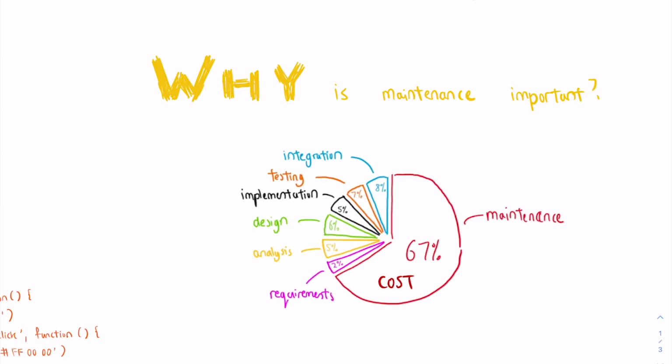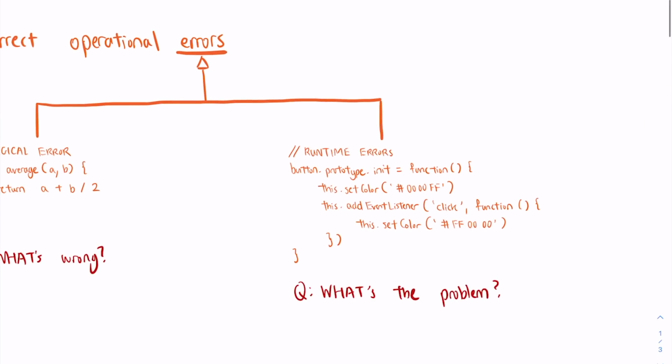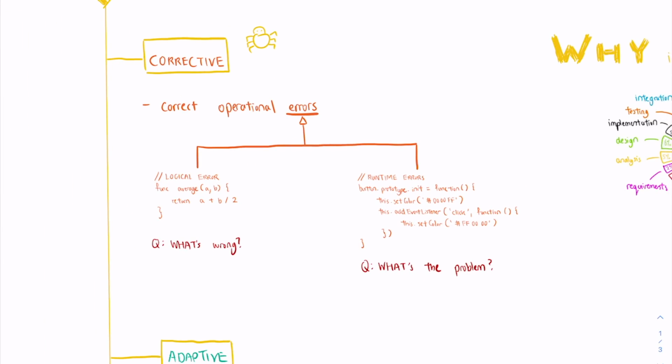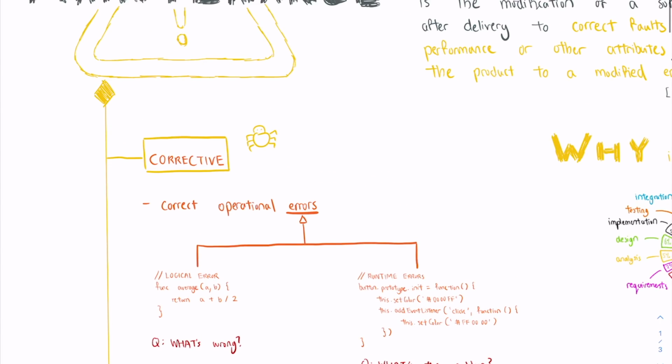So this would be an important aspect of software engineering that we should spend a lot more time in. So let's go into each one of these components of maintenance.